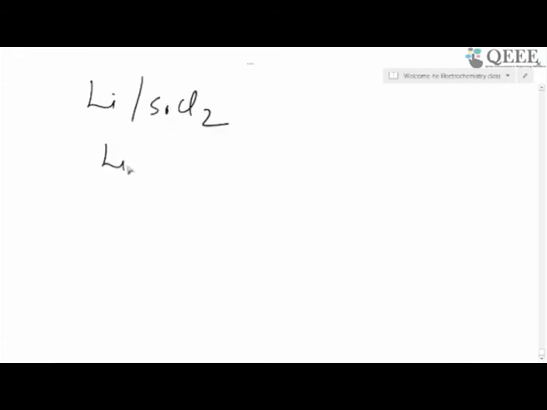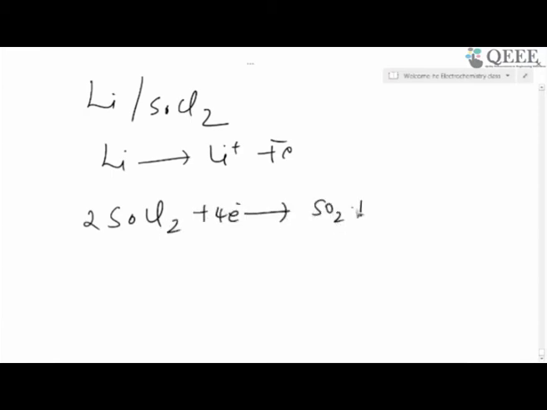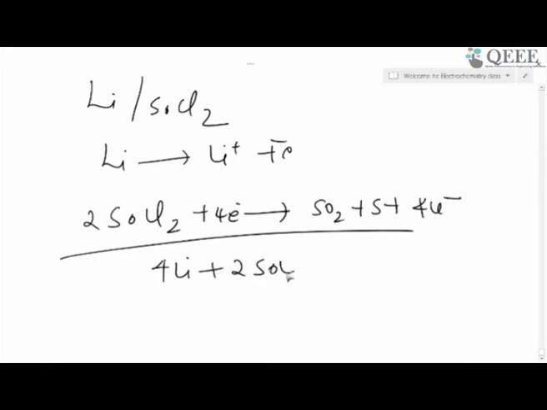In this case lithium goes to lithium plus an electron, and thionyl chloride is converted into SO2 plus S plus 4 chloride. So the net reaction is 4 lithium plus 2 thionyl chloride giving rise to SO2 plus sulfur plus 4 lithium chloride.